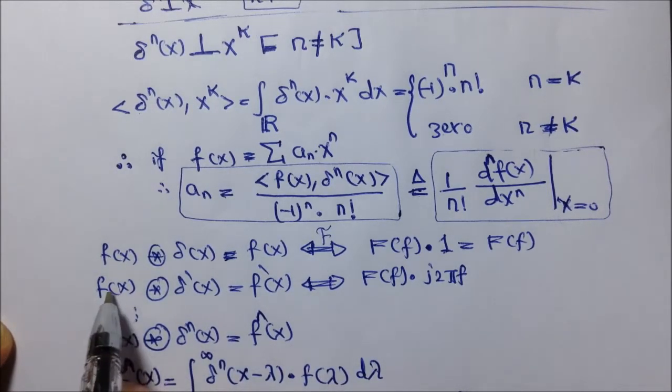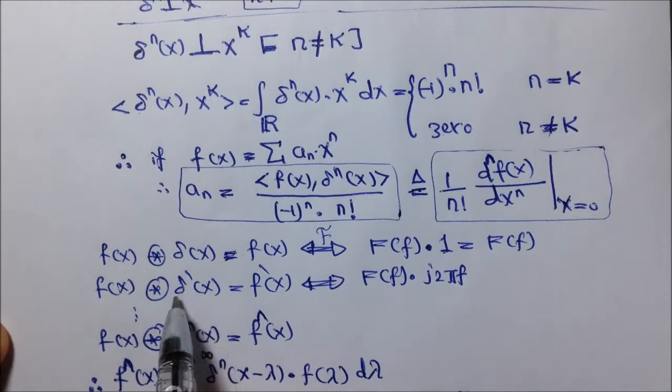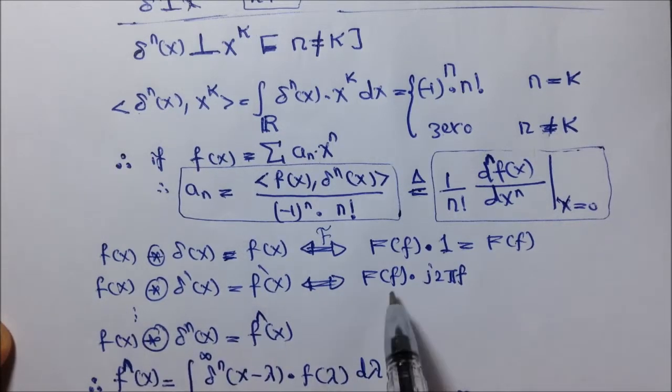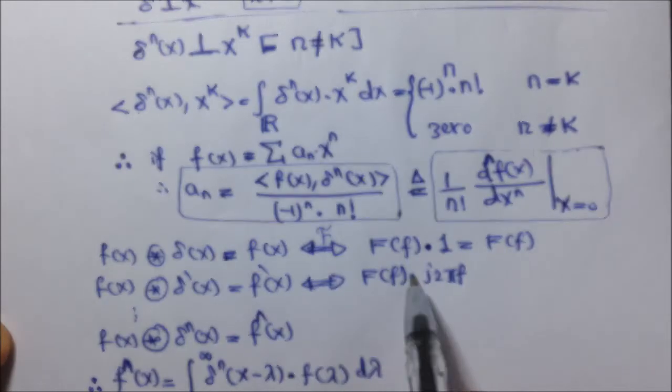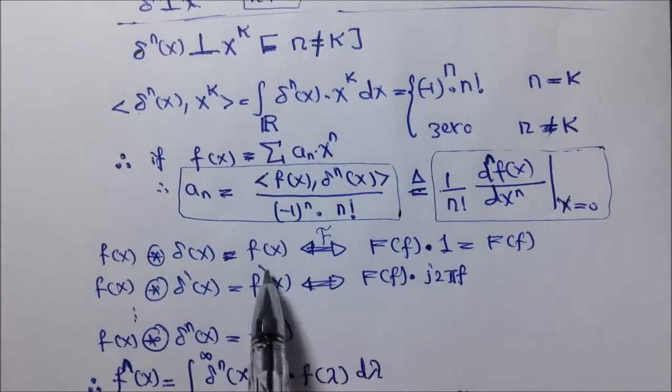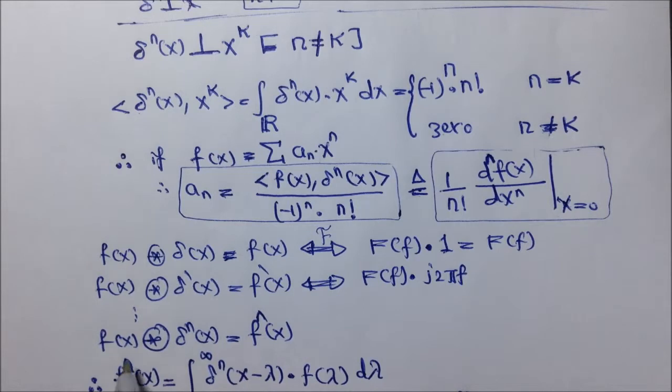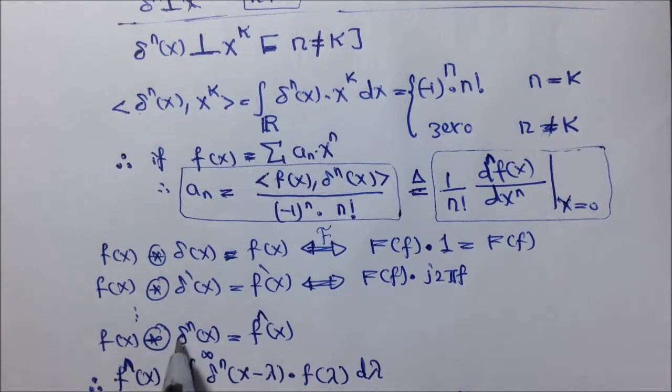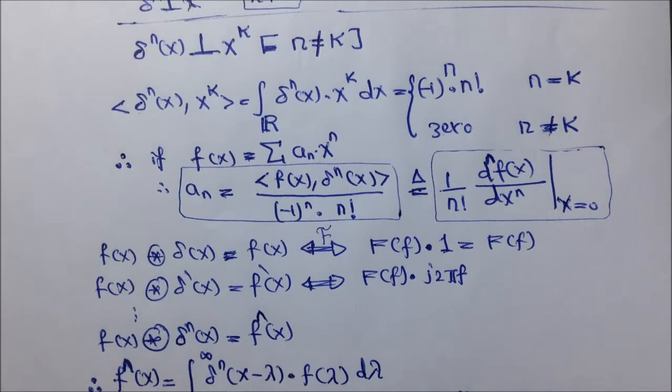Now, if we convolve f of x with the first derivative of impulse, we are multiplying F of f by j, which basically corresponds to the first derivative of f of x. So we can write a general statement: a convolution between f of x and the nth derivative of the impulse function is equal to the nth derivative of f of x.